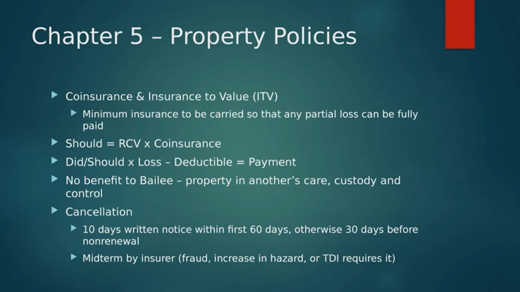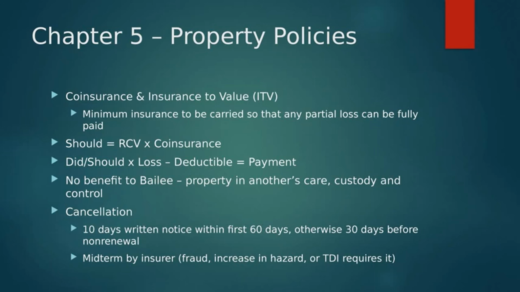One thing to note about all property policies is that these property policies will have no benefit to a bailee. That's somebody that has property in another's care, custody, or control. Typically, bailee coverage or exposure is going to be associated with a situation where you've got a business need.